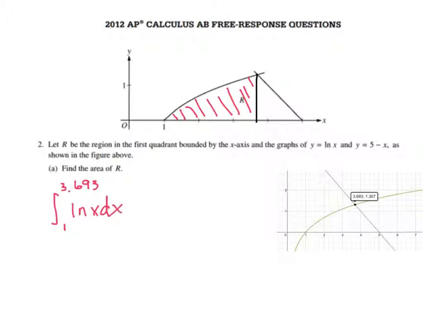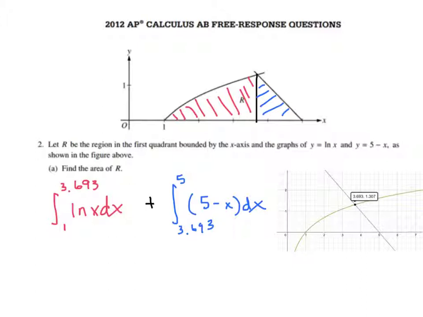But then here in this blue portion, from 3.693 to 5, we're defined by the line, 5 minus x dx. And we would just add those two together. That would give us the total area. That was one very valid way of doing this.